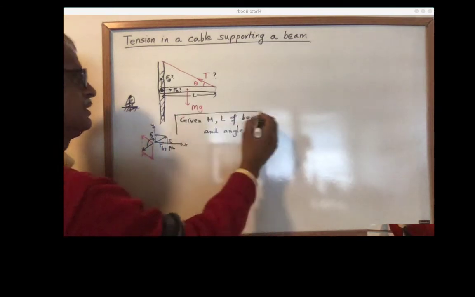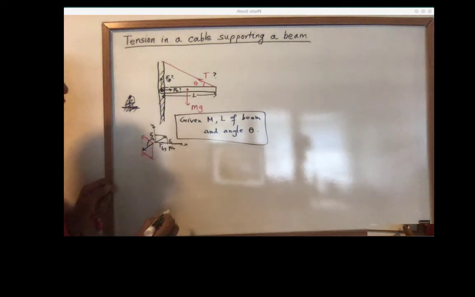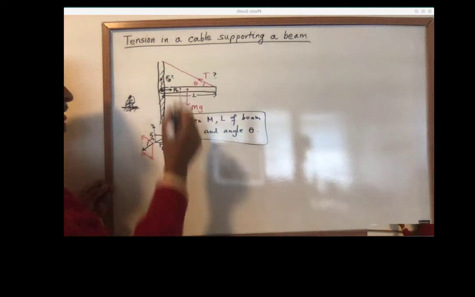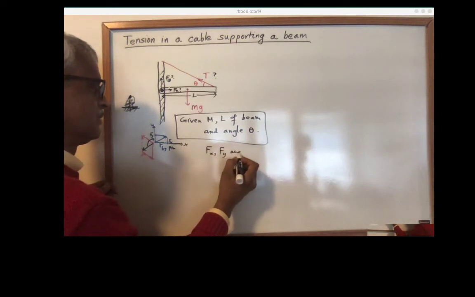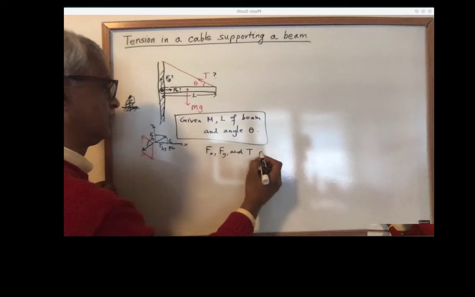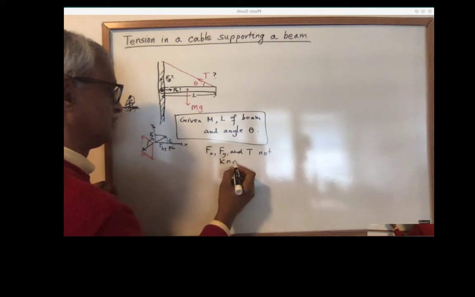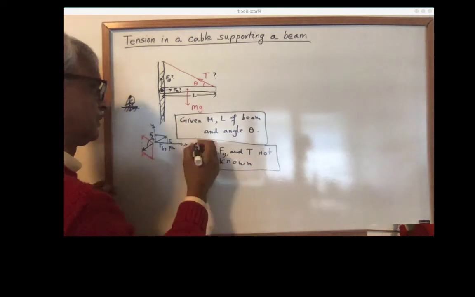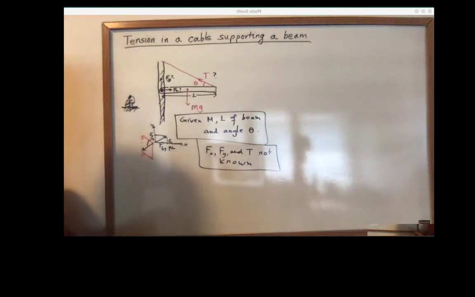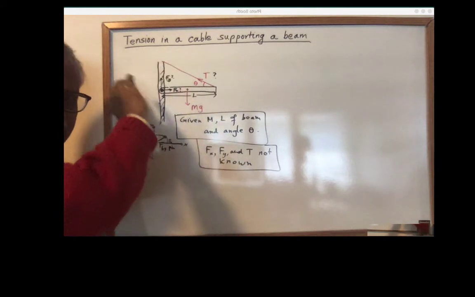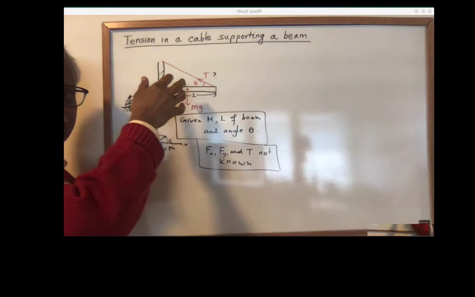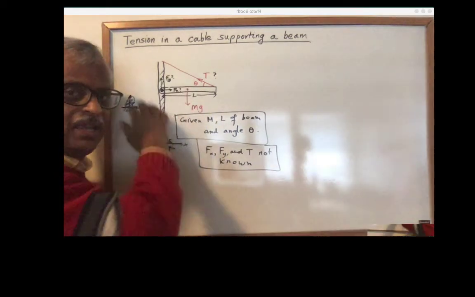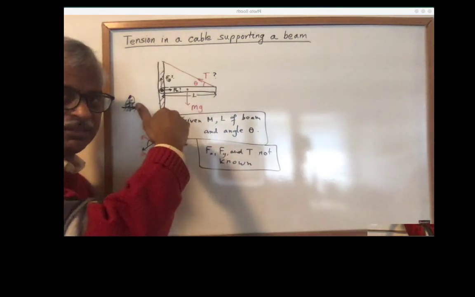So these things are given, and fx, fy, and T are not known. Since the beam is going nowhere, I mean, it's being supported, all the torques will cancel out. Net torque will be zero. Net force is zero because there's no acceleration.